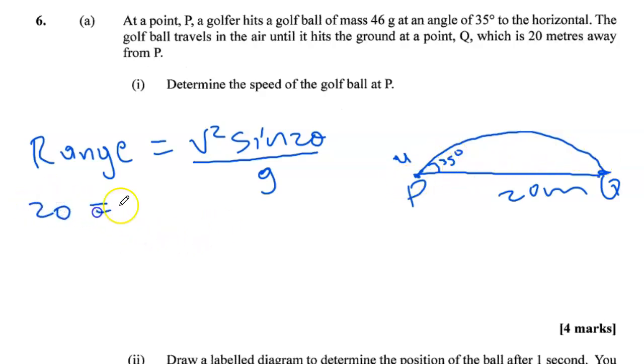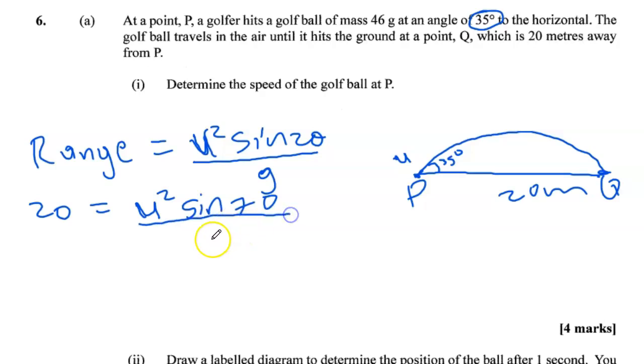So 20 equals U square, we're using U for initial speed, sine 2 theta, where theta is 35 degrees, so 2 theta is 2 times 35, which is 70. We're using g to be 10. So we can multiply both sides by 10.